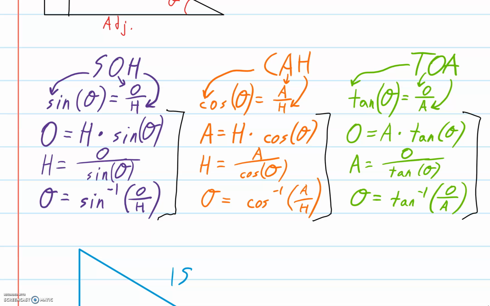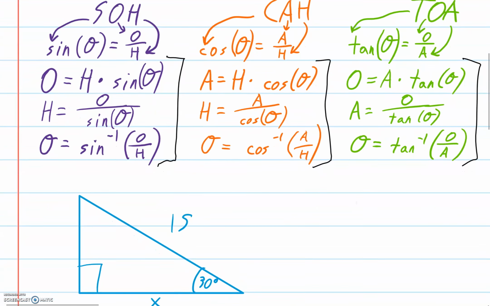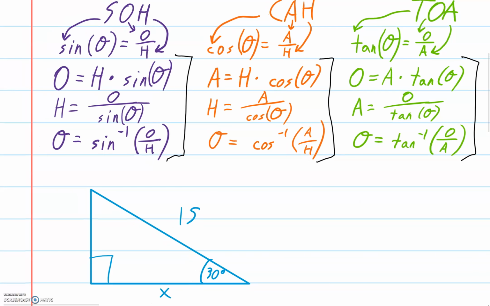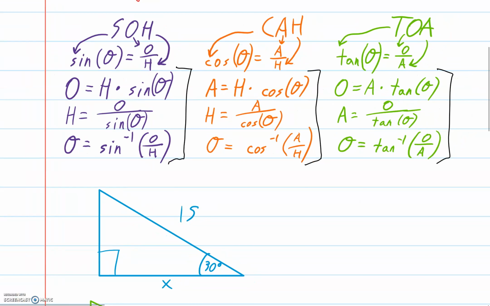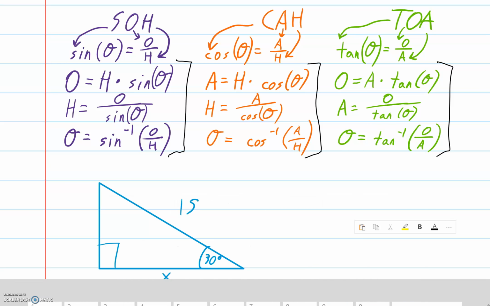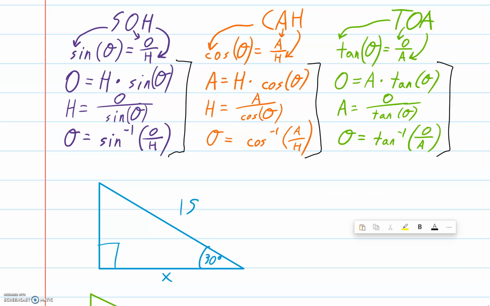With that in mind, which one are we going to be using for this triangle down below? We need to recognize which of the two sides we are using and which one we are not using. We are not using the opposite side.